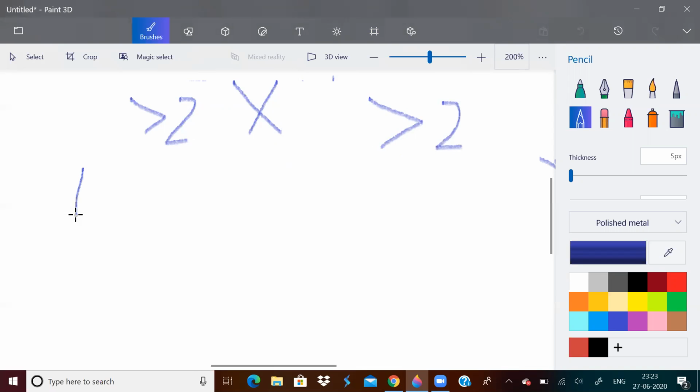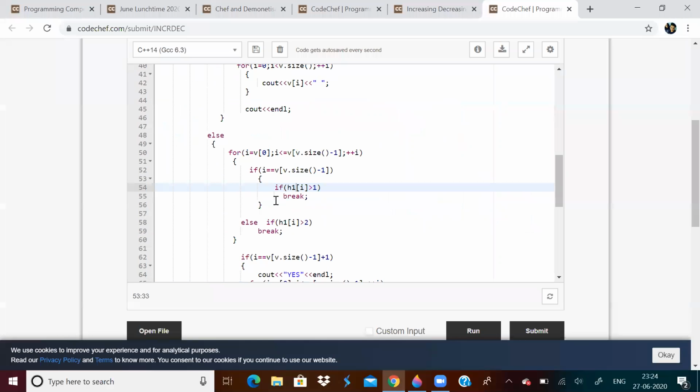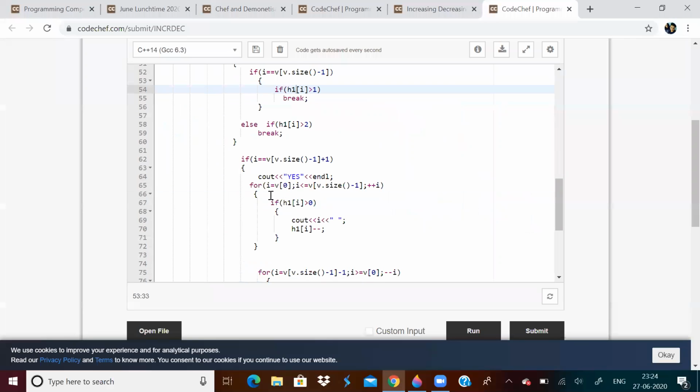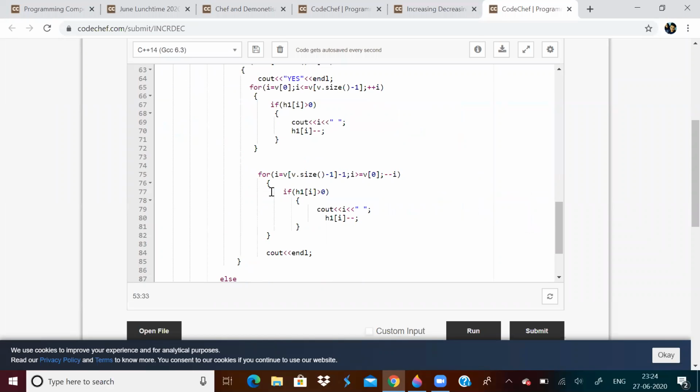Largest element should occur once, no element should occur more than 2 times. Largest element should occur only once, and any other element can occur at most 2 times. That's all. Just check that and print. You don't have to do anything else.